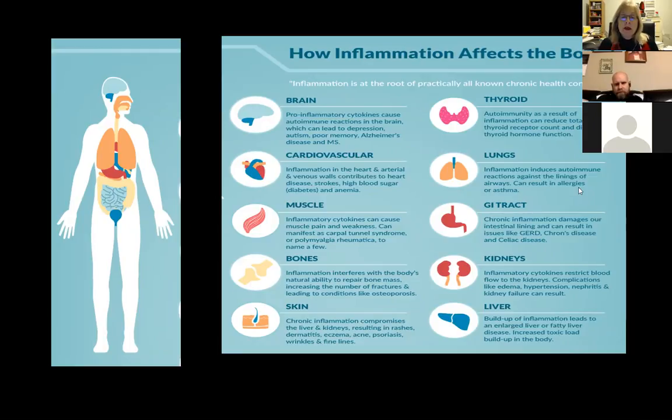The cardiovascular system, definitely, is something people are really used to thinking about with inflammation. Oftentimes, if you think about people that have general muscle aches, this is where we'll see it in the muscle. With the bone, you might see things like increased fragility, people getting fractures, getting osteoporosis.